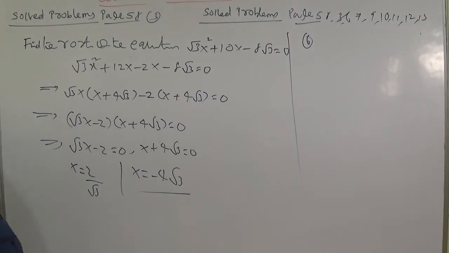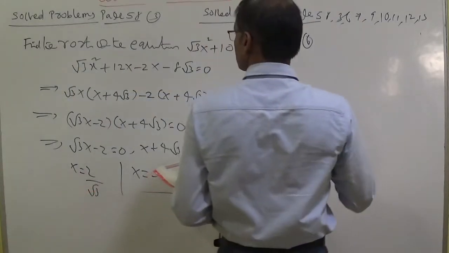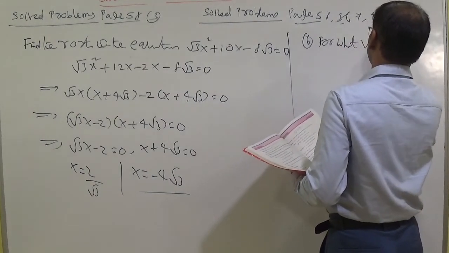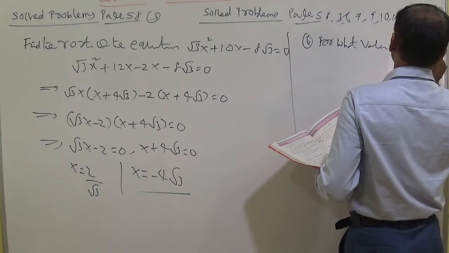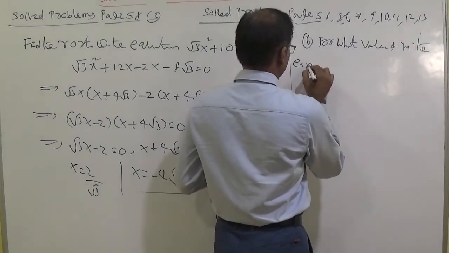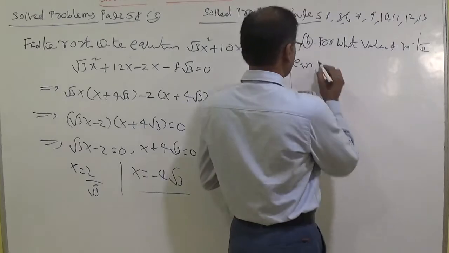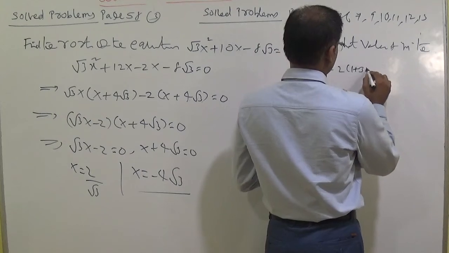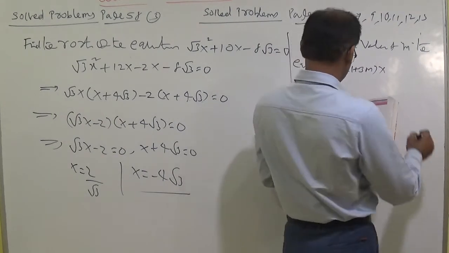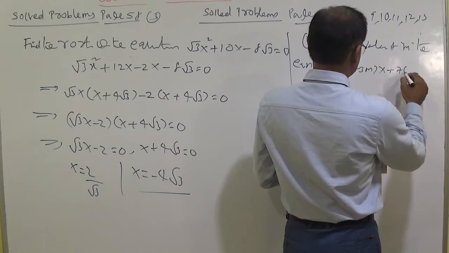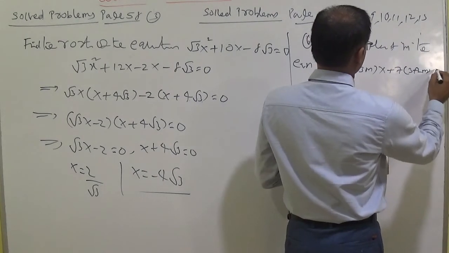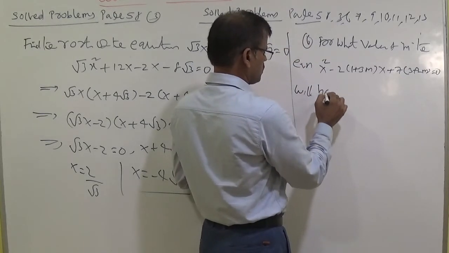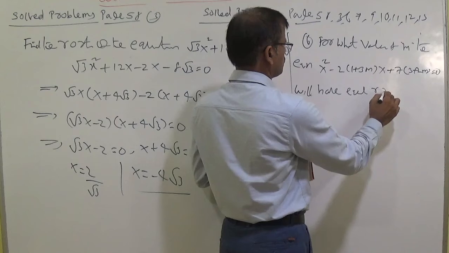For what values of m will the equation x square minus 2 into 1 plus 3m into x plus 7 into 3 plus 2m equal to 0 have equal roots?